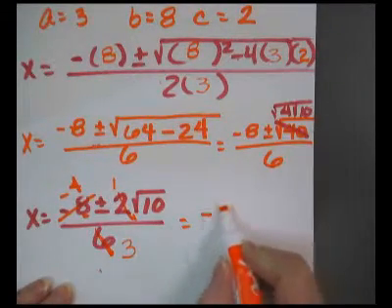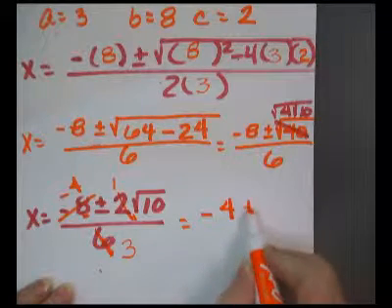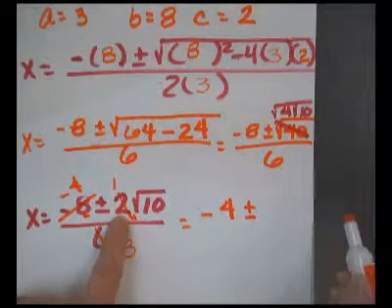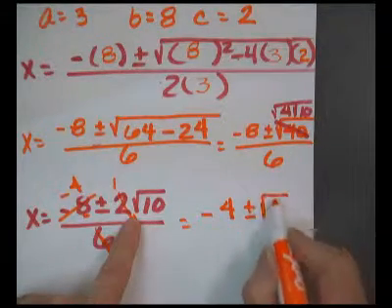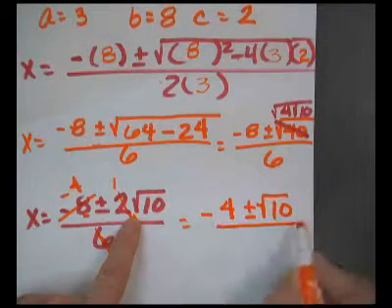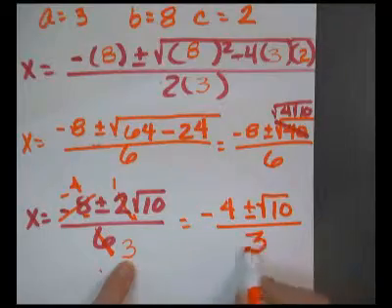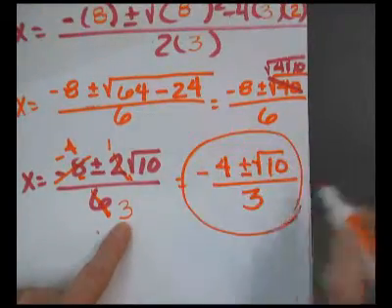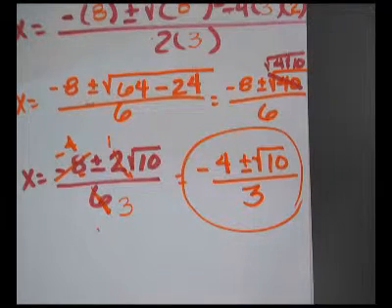So we have negative 4 plus or minus square root of 10. Do we need the 1 in front? No. Over 3.